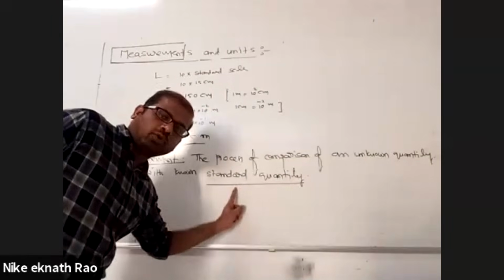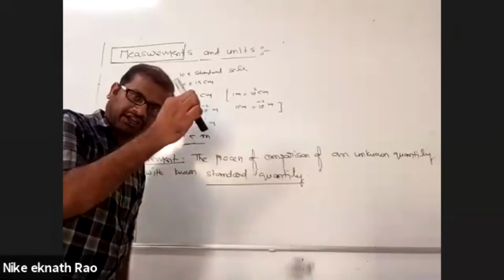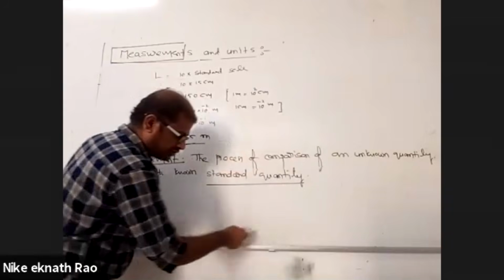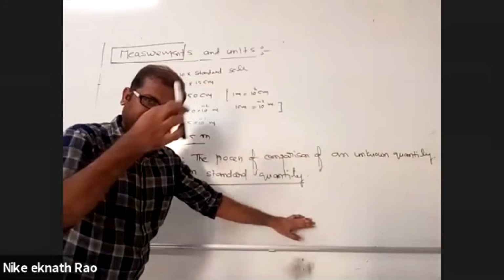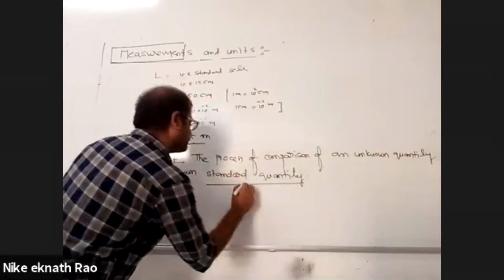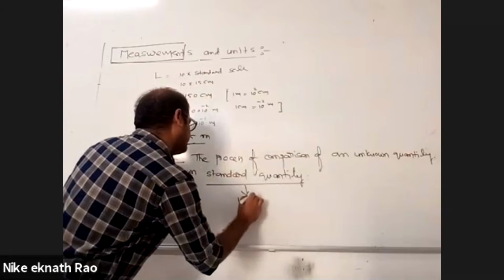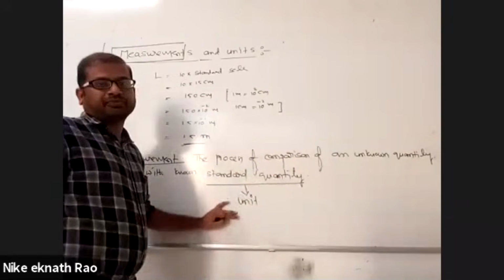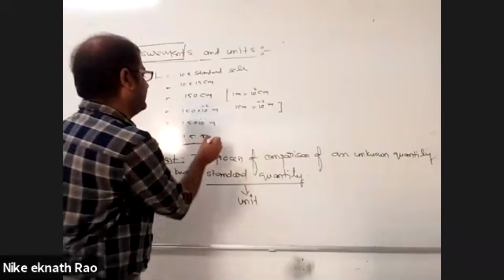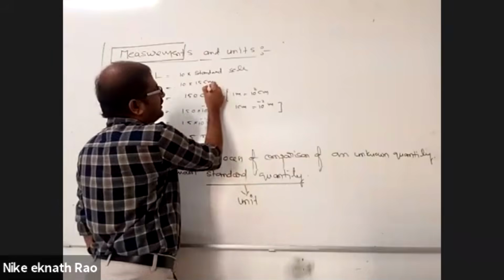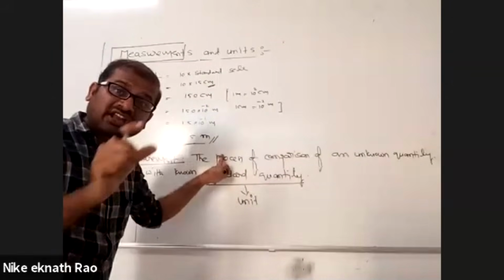What is this standard quantity called? The standard quantity means the scale which I have taken, with respect to which you are measuring the unknown quantity. The standard quantity is called a unit. Whether it is meter or centimeter, these are standard quantities.